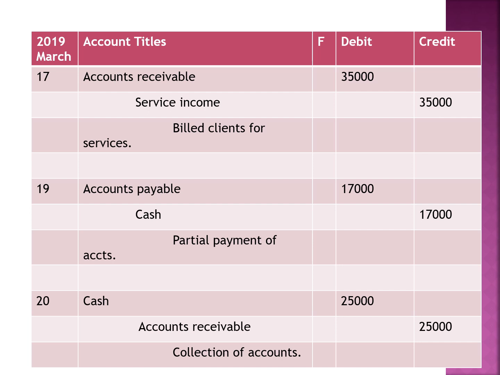March 19, our entry was debit accounts payable 17,000 and cash 17,000, and this transaction is a partial payment of accounts payable. Then leave one space before writing the entry on March 20. Debit cash 25,000 and credit accounts receivable 25,000. The transaction description, as we read the transaction on the previous slide, was actually collection of accounts.